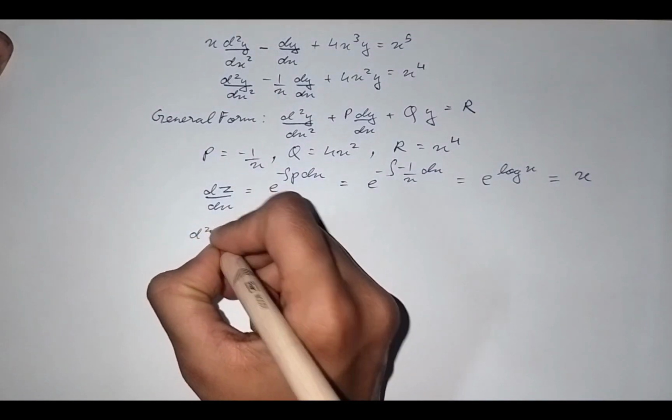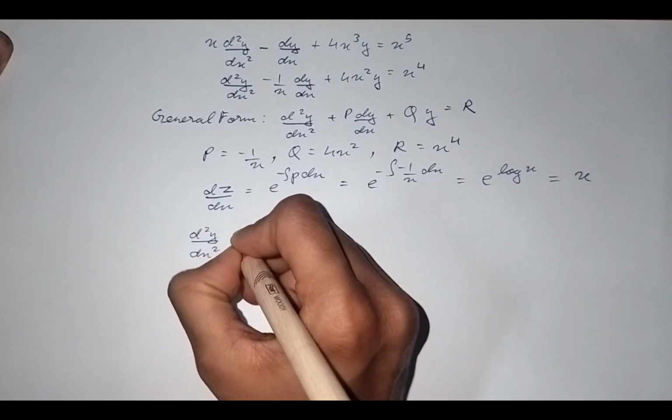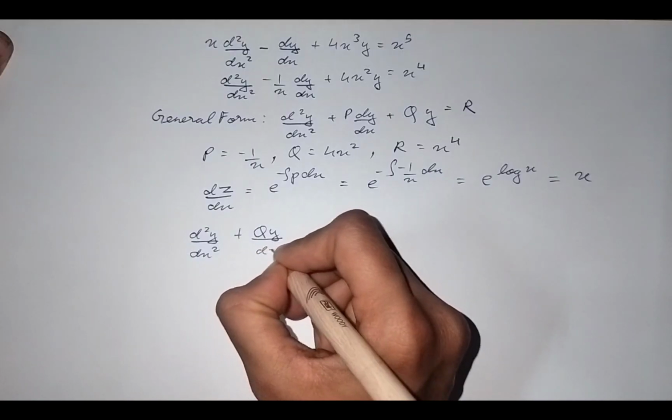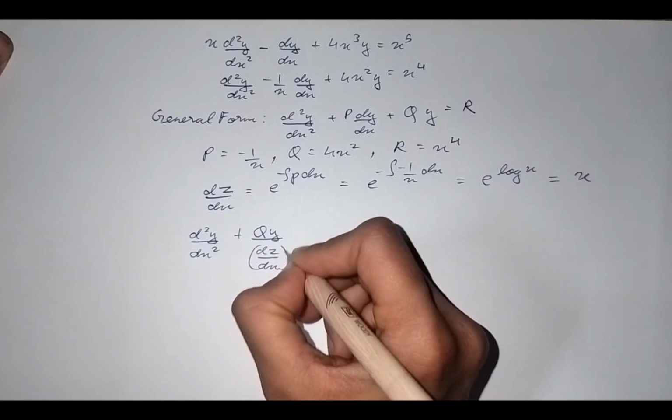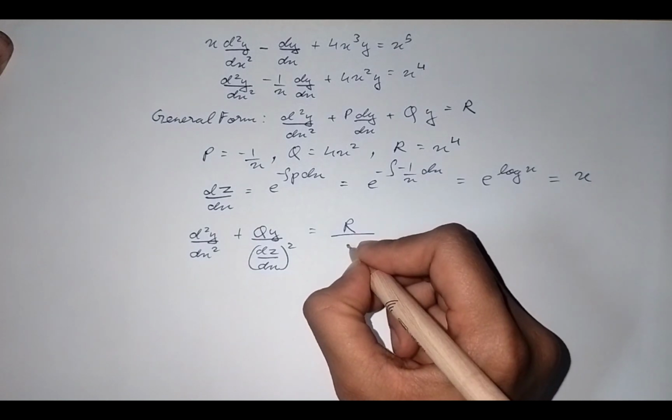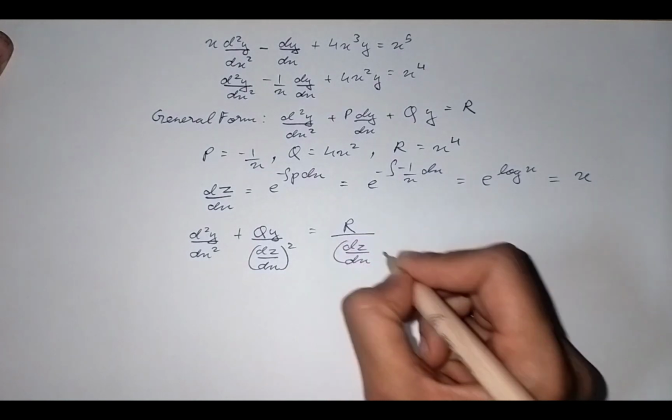That is d square y by dz square plus qy by (dz by dx) the whole square, as we have made the p term 0, is equal to r by (dz by dx) the whole square.